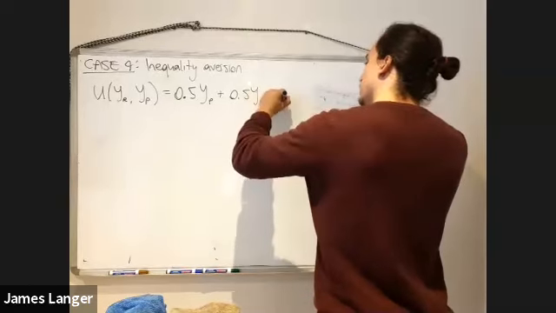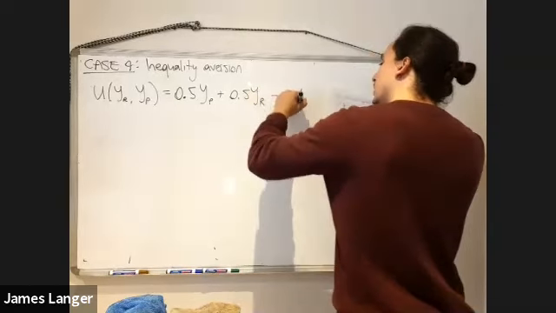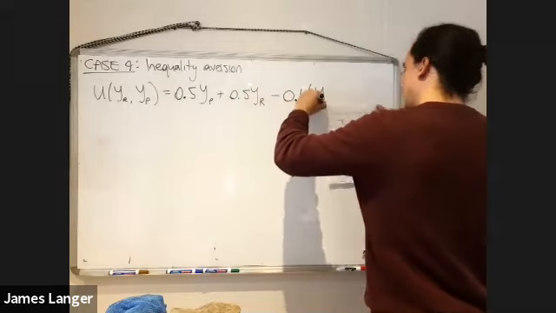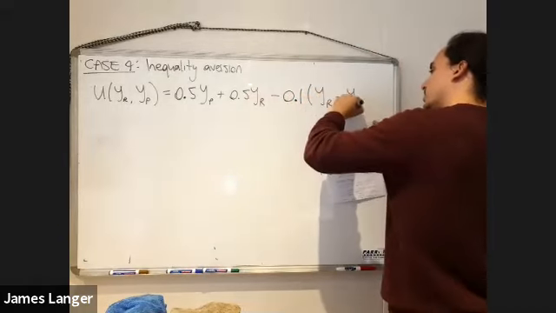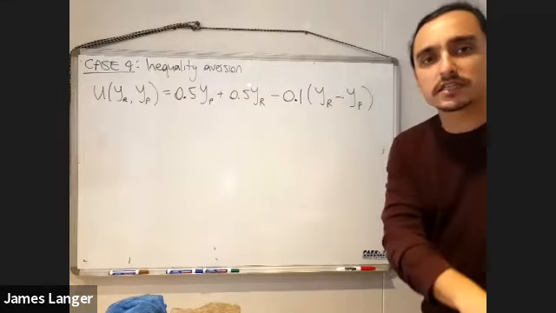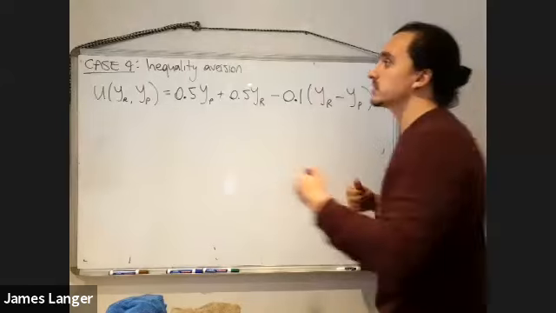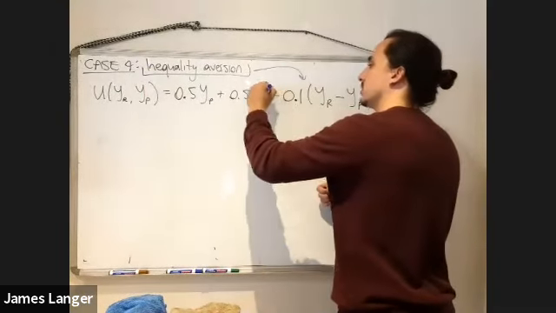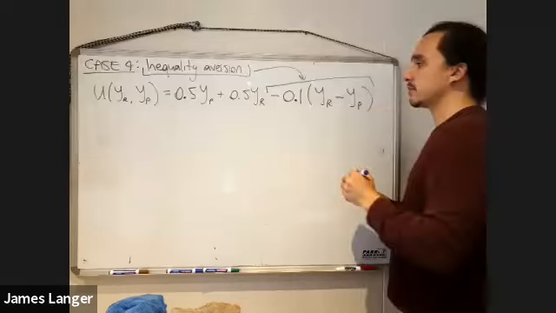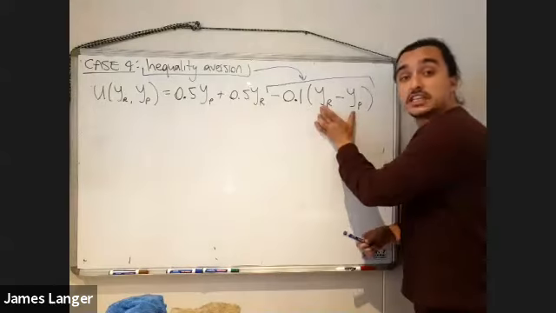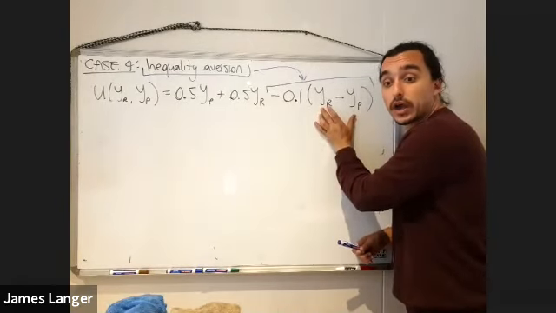But because of your aversion, we subtract 0.1 times the difference between rich and poor. So your inequality aversion is essentially shown here. I'm saying my utility is going to drop whenever there's a difference between rich and poor.